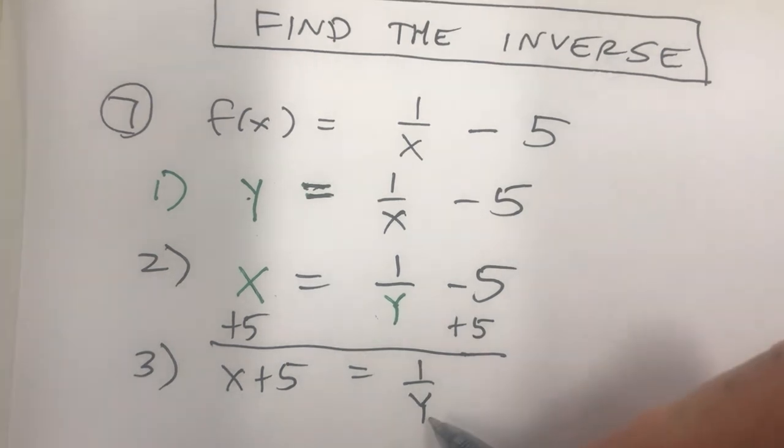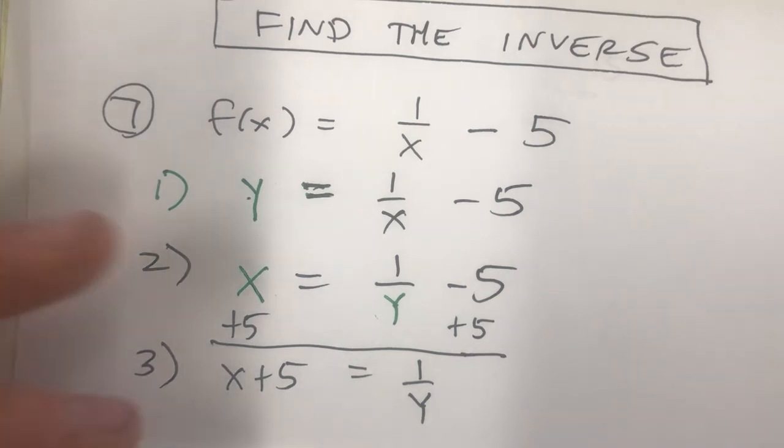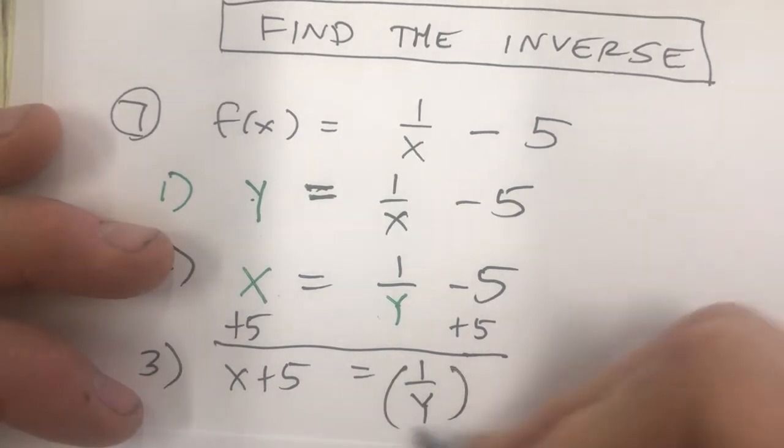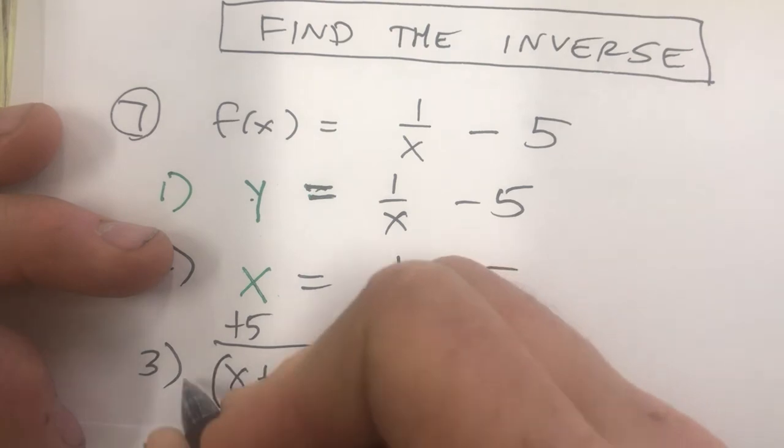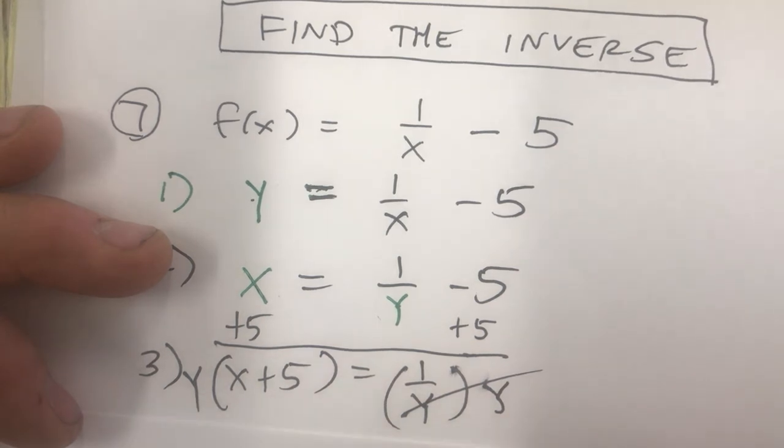Now, y is in the denominator here, which means I need to multiply both sides by y so I can get out of the denominator. That would cancel off.